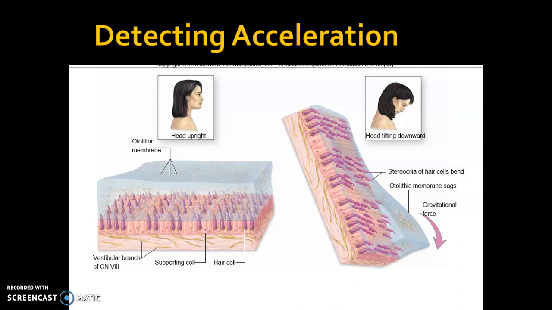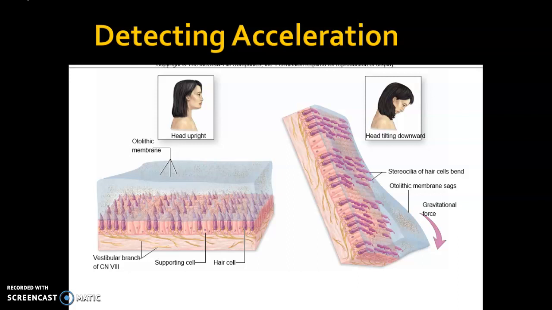Now, when our head is in upright position, the bottom picture shows how the hair cells and the otolithic membrane are oriented. Right now, you see that the hair cells and the supporting cells are there, and the kinocilium and the stereocilia are erect, and the otolithic membrane is covering these cells.